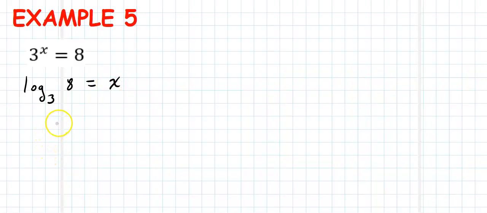So by one property of the logarithms, we can rewrite the logarithm like logarithm base 10 of 8 over logarithm base 10 of 3. And that is the solution.